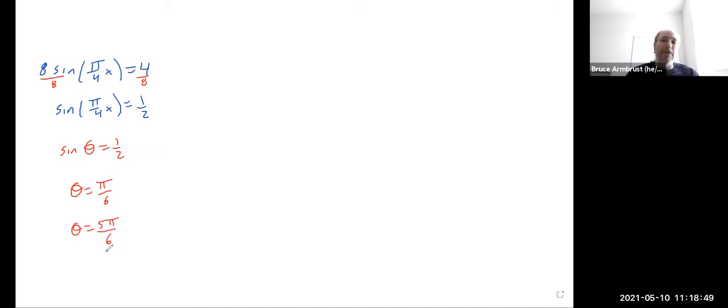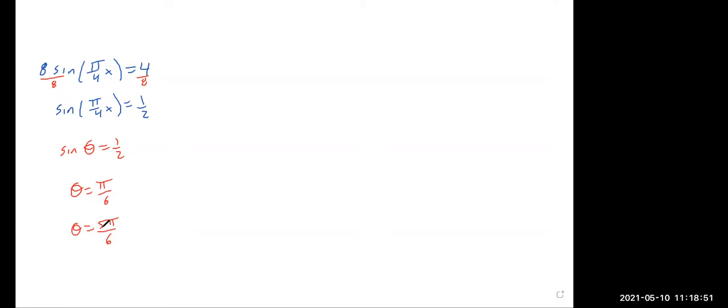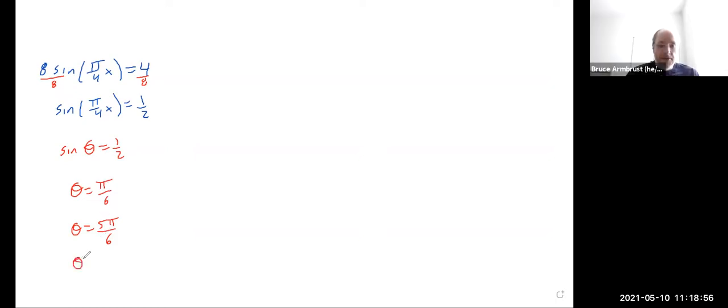And remember what they said, they wanted the 4 smallest. So there's 2 of them, which means we need 2 more. But if you look at your chart, you don't see any more, right? So where's the next one going to show up then? It's clearly not between 0 and 2 pi.